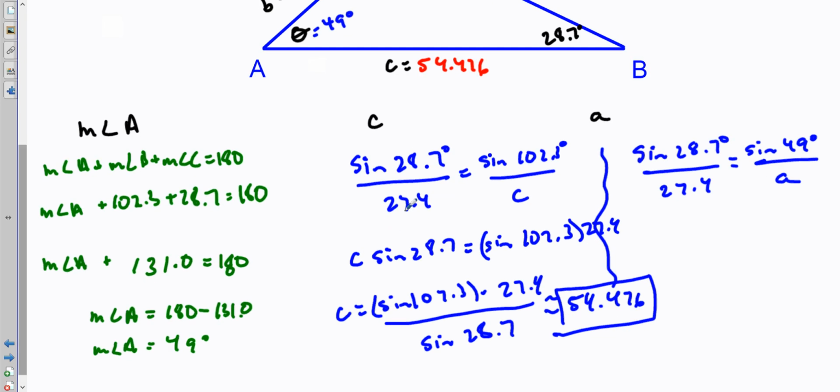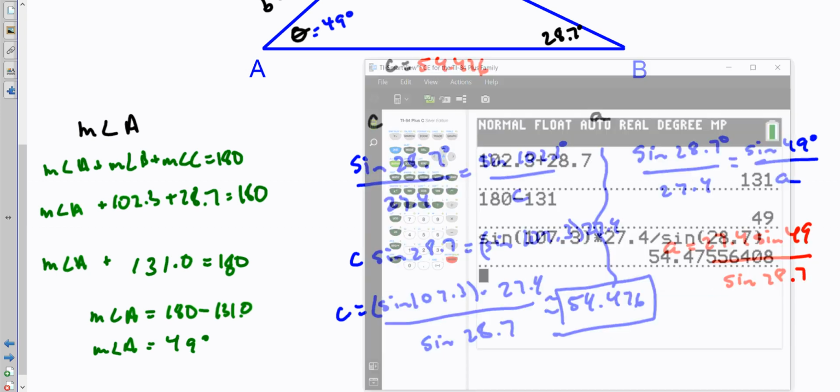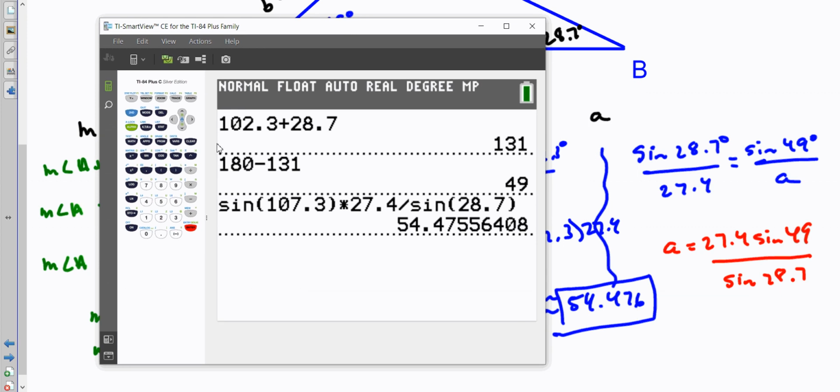We're going to do the same thing over here, cross multiply. We solve for a. Maybe you don't need to write all this out. I'm going to just do it in my head, divide right here, and then we have sine of 28.7. We figure that out. Once again, go to your calculator. If you press second enter, it will redo that. We can go over here and just change some of the values. We're going to divide that.